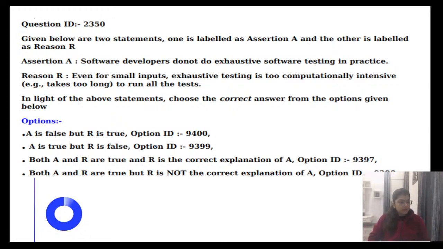Let's wait for a few more minutes so that other students may also join, right? Good afternoon, Anukul.